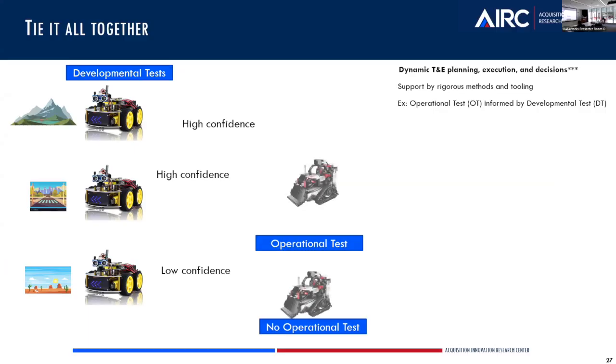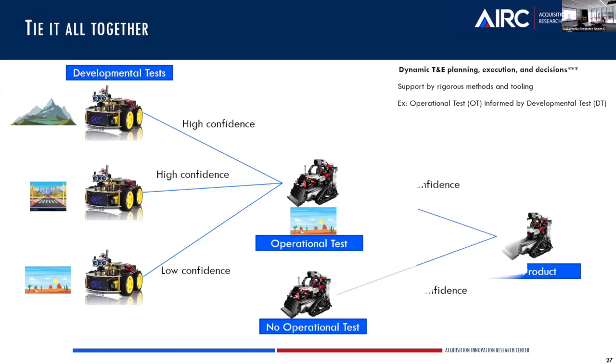But in this case, what we're saying is that essentially we're going to test, and because we had lower confidence in the desert and higher confidence in the urban and the mountainous, cold environment, we're probably not going to test the other two on the actual fielded system. So essentially what this is saying is it's an aggregation of both the data and our confidence in the system.